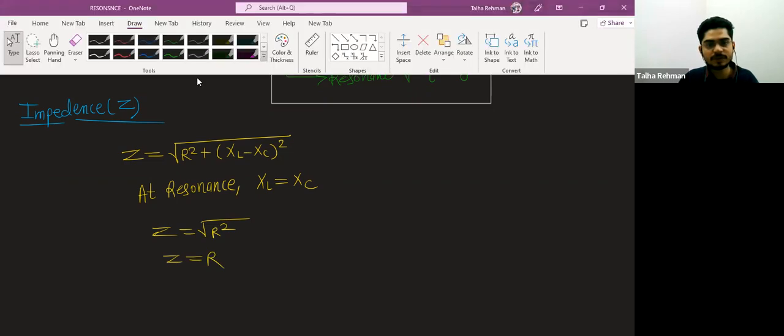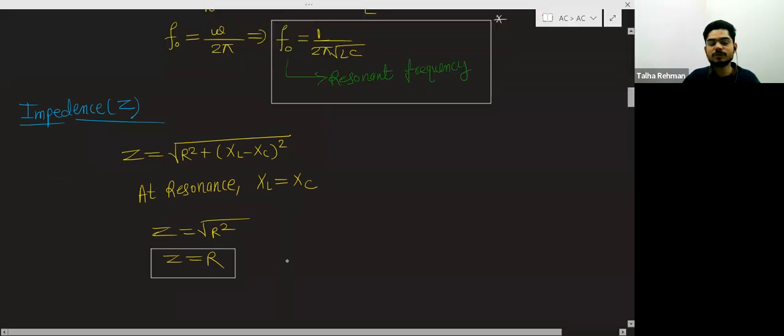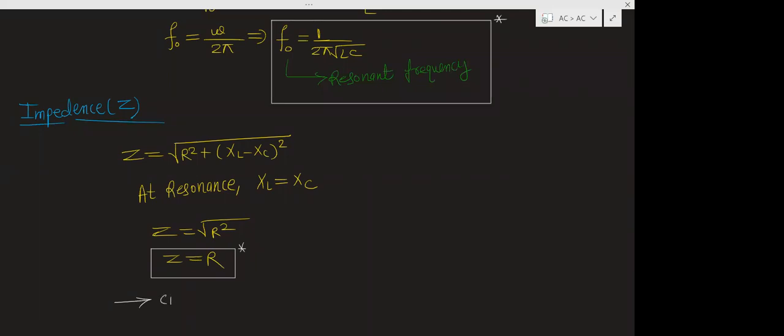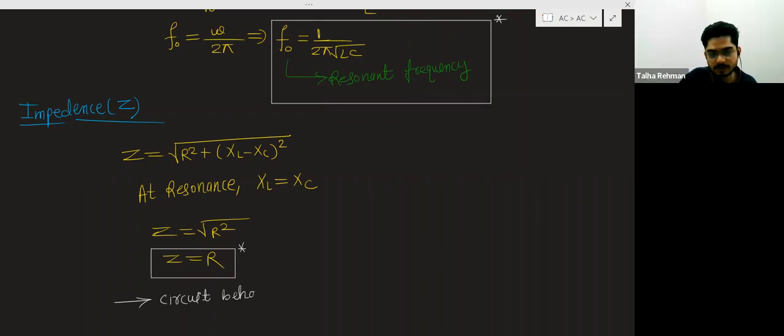So at resonance, there is no capacitive reactance and no inductive reactance, only resistance is present in the circuit. So you can say the resonant circuit will behave as a purely resistive circuit.